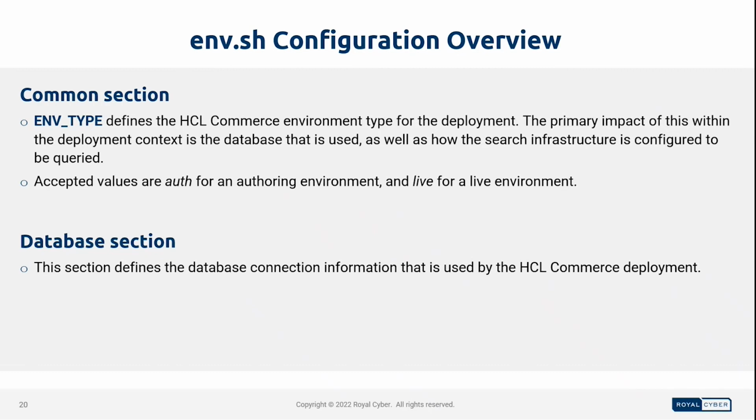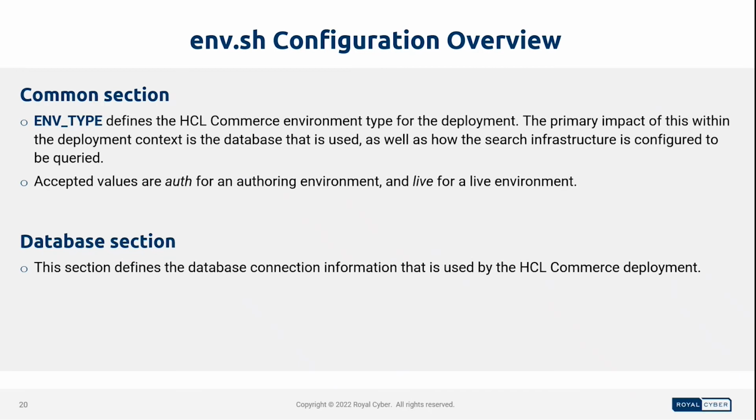Accepted values in env_type are auth for an authoring environment and live for a live environment. We may deploy an authoring environment to explore the full functionality of HCL Commerce, or both an authoring and live environment to explore and experiment with the non-production to production publishing capabilities that this advanced production deployment topology provides.